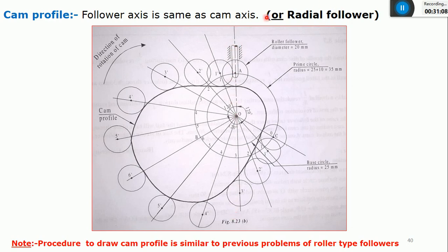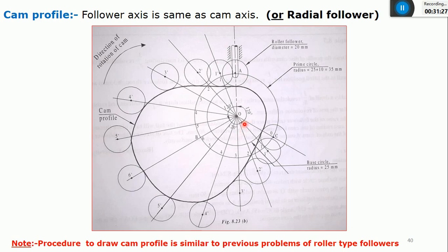So this comes under the category of a radial follower. Only in problem number 3 and problem number 4 I explained how to draw the cam profile, and the type of follower is a roller type. You can follow the same method.